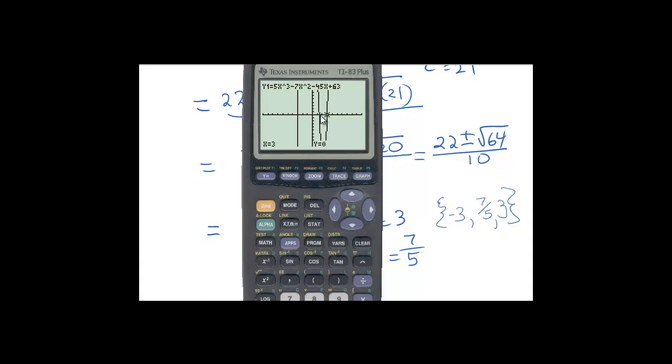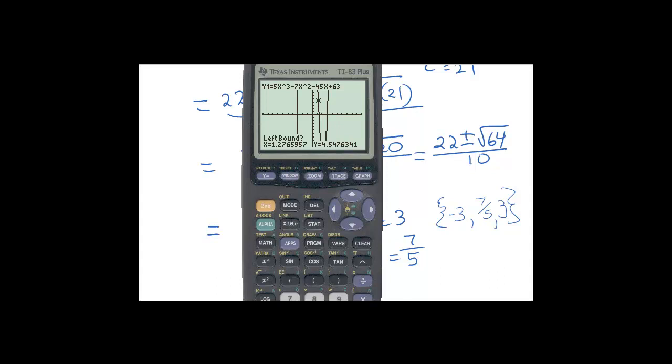Another way to find your zeros, just from the calculator, if we do second calc and choose number 2, zeros, you can use your down arrow or you can do 2 on the keyboard. All right, now I'm going to have to move my cursor and then hit enter 3 times. So I want my cursor to get to the left of this 0. All right, it's clearly on the left of that 0.